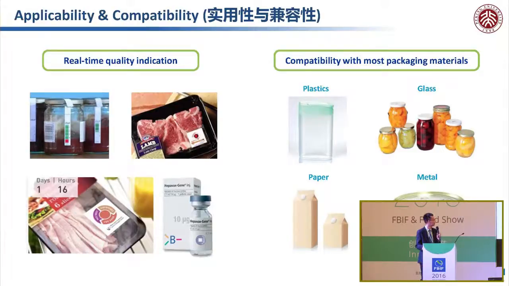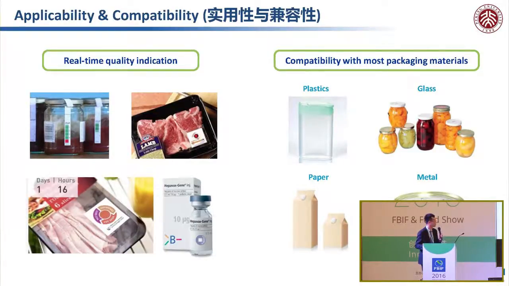And to summarize, the key function of TTI is to indicate the real-time quality status of perishable products, no matter if the temperature fluctuates or not. Because it is attached on the outside of the packaging, it does not interact with the food or beverages therein.